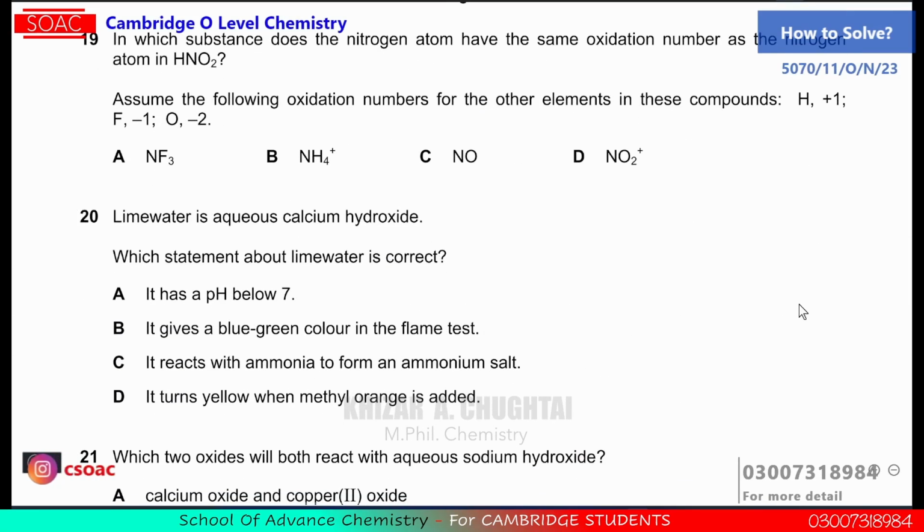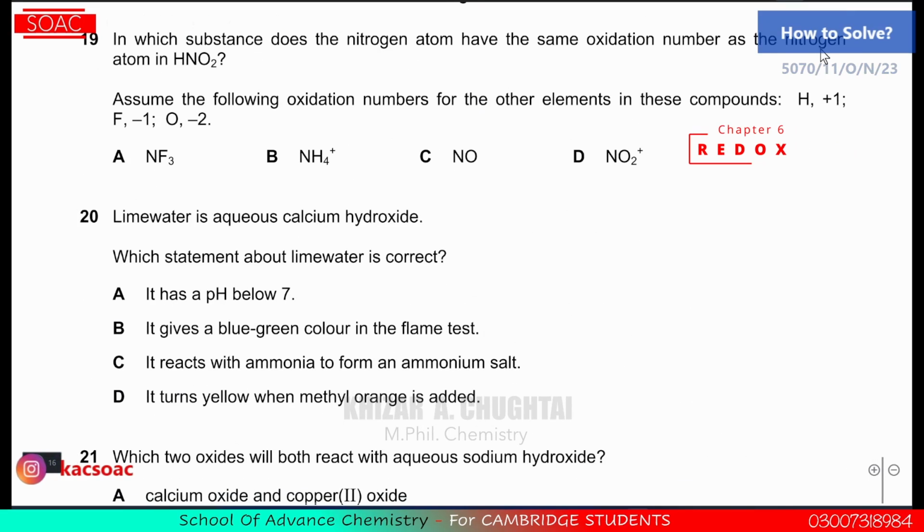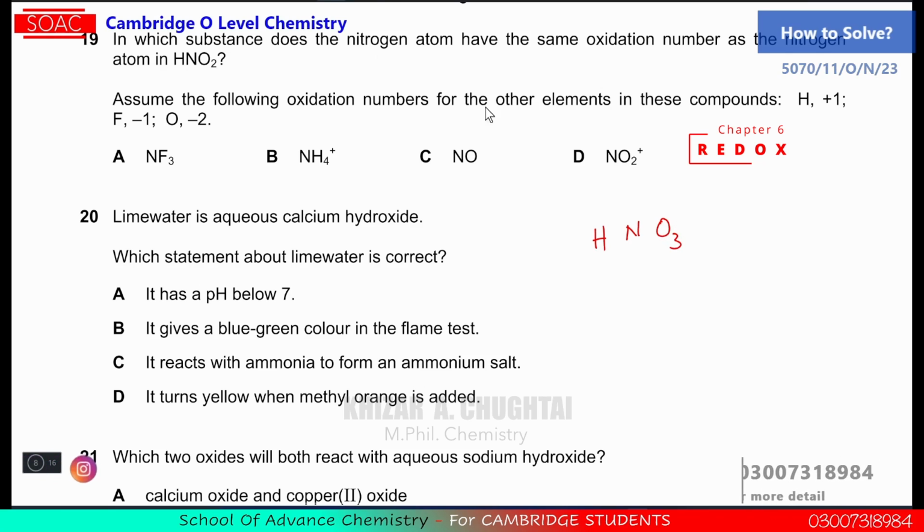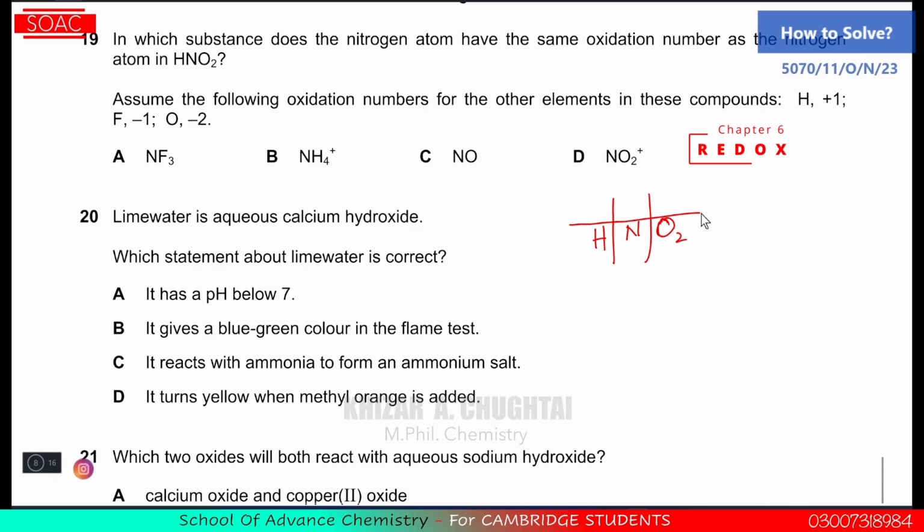Question number 19. Which substance has a nitrogen atom with the same oxidation number as the nitrogen atom in HNO2? What is the oxidation state of nitrogen in HNO2? Three elements are over here. HNO2. So what is the number?